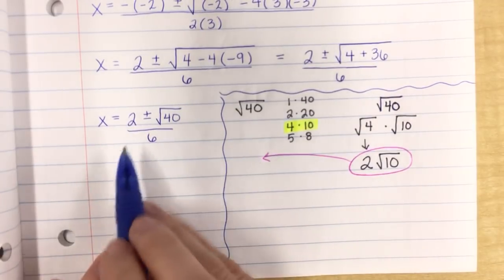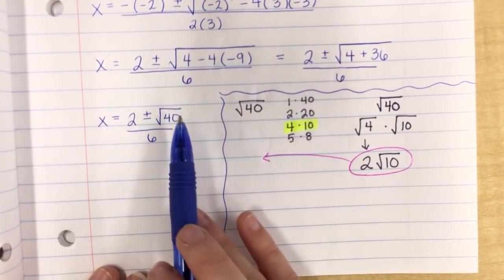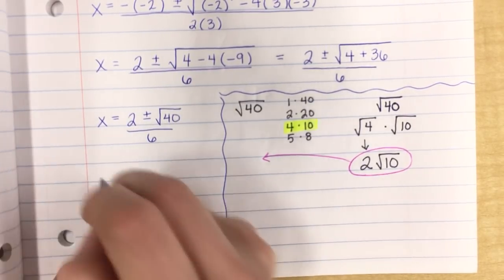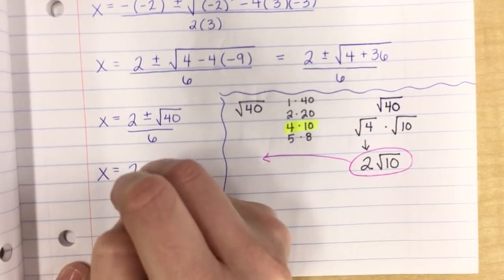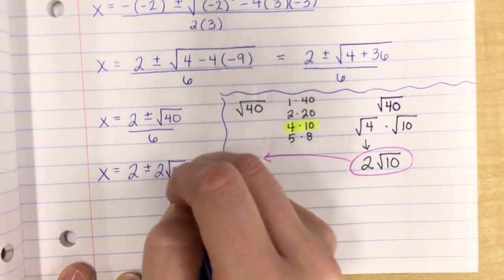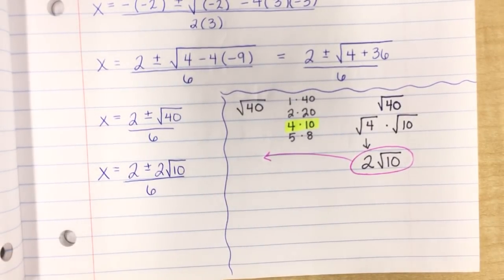Over here we had x equals 2 plus or minus the radical of 40, but instead of putting the radical of 40, we're going to substitute in 2 times the radical of 10. X equals 2 plus or minus 2 times the radical of 10, all divided by 6.